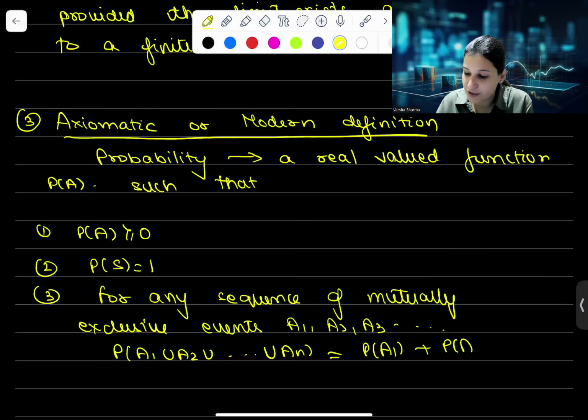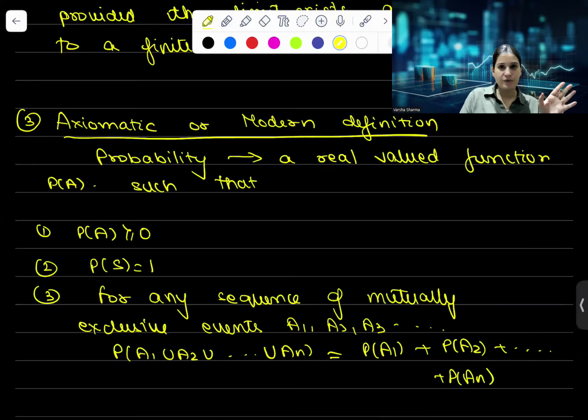Just add them individually. Just remember the limit definition is relative frequency, provided the limit exists and tends to a finite value. In axiomatic and modern definition, we treat probability as a real valued function.